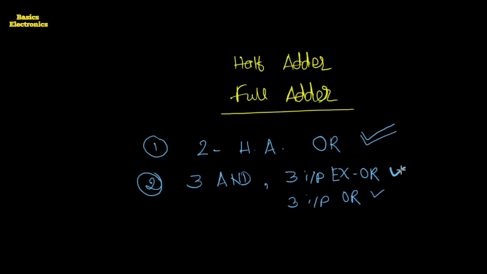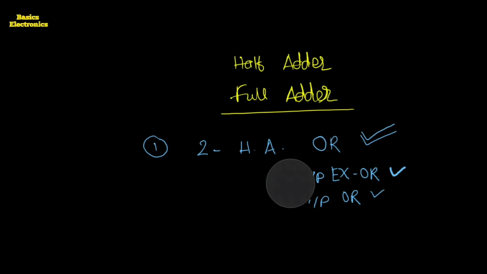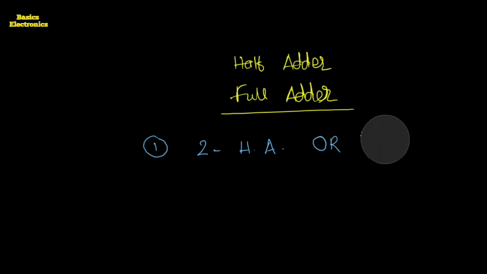For now, in this video lecture we consider only the first one, that is, by using two half adders and one OR gate. We are going to see the full adder by using the two half adders.